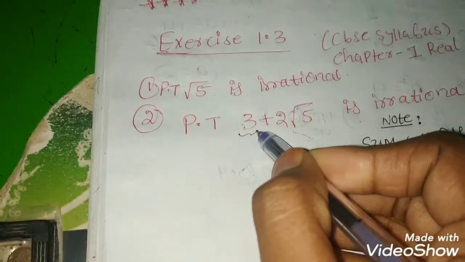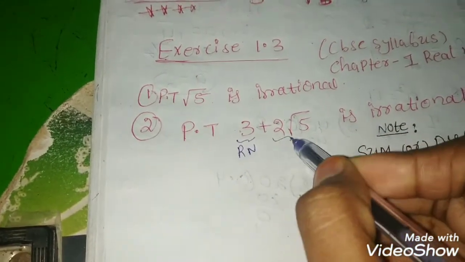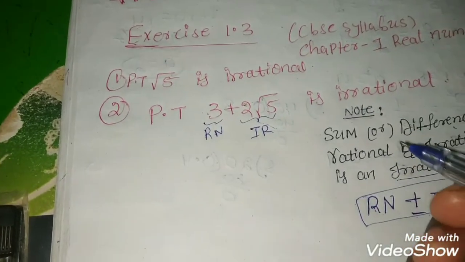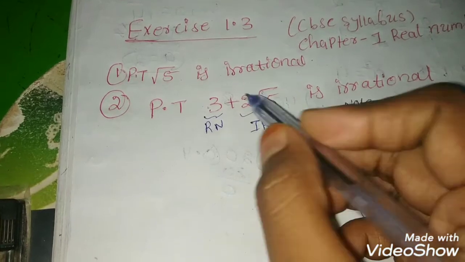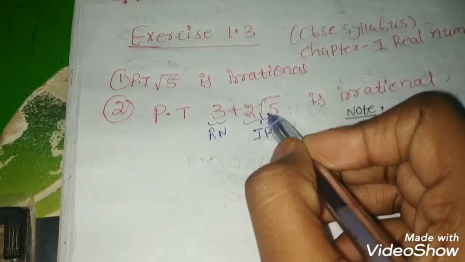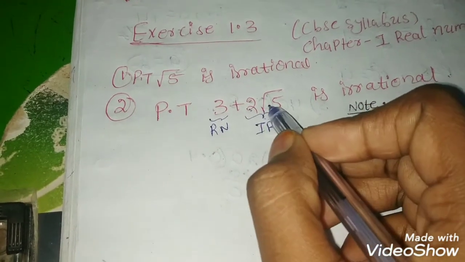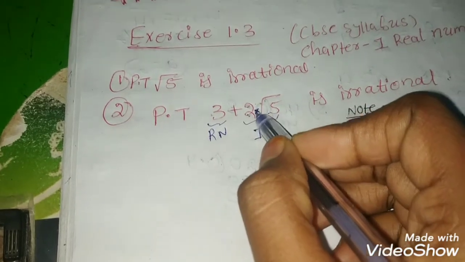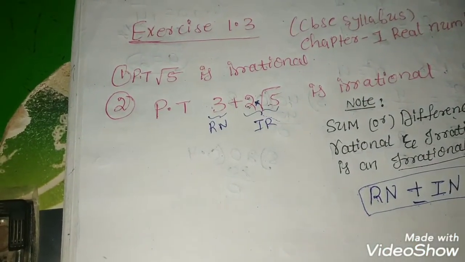See here, 3 is a rational number and 2 root 5 is an irrational number. Why do we call it that? Here 2 is a rational number and root 5 is an irrational number, and these two numbers are multiplied: 2 into root 5.